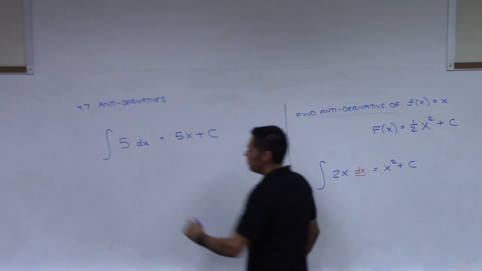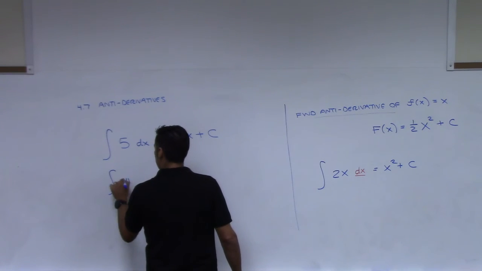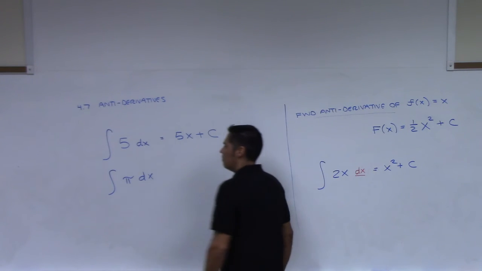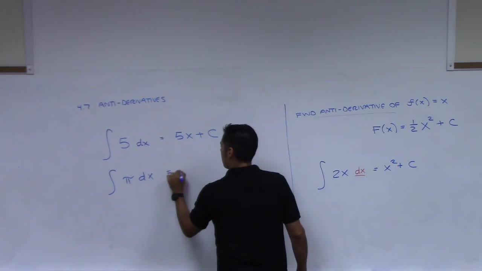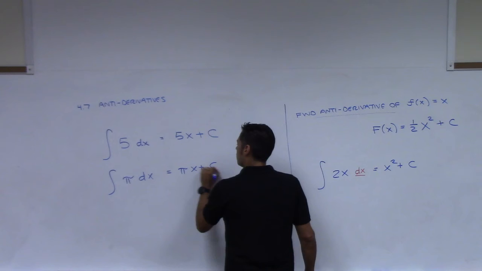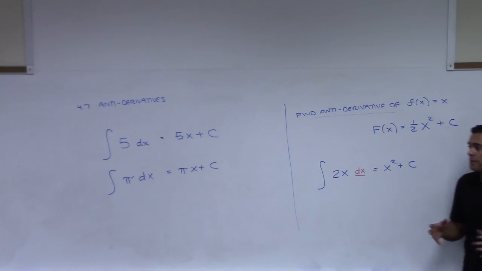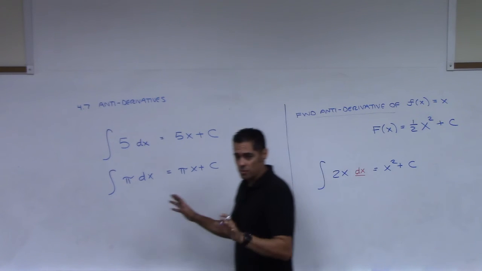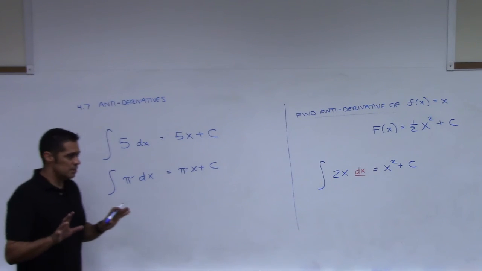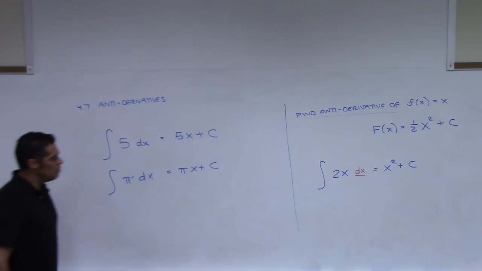What's the antiderivative of pi? Pi x plus c. So I would hope that if you're trying to find the antiderivative of a constant, everybody's cool. Everyone's got that? Yes? All right, so what about this?